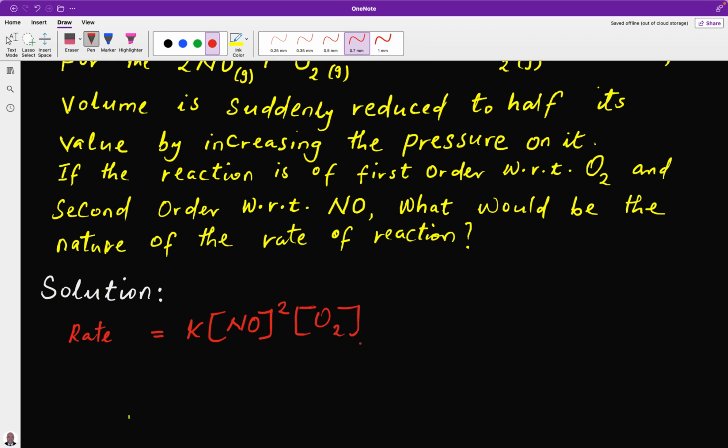So which expression do we have concentration and volume involved?